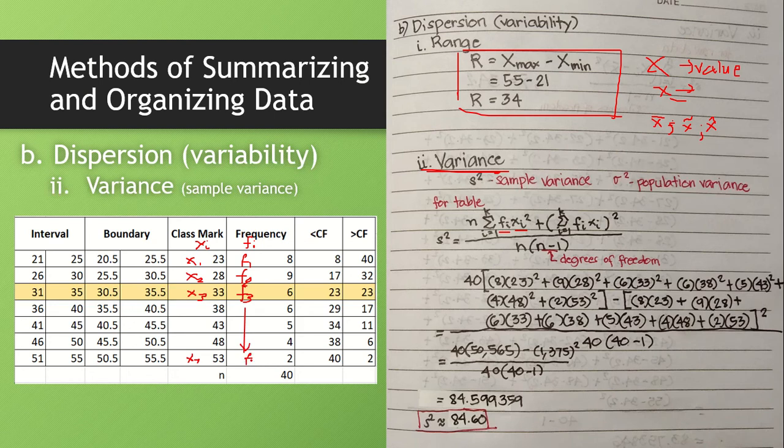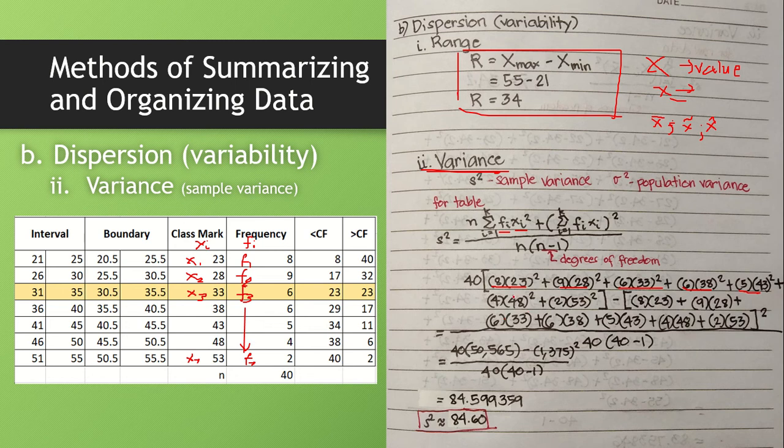f sub 7. So what we have to do is multiply 8 by the square of 23 plus 9 times the square of 28, then 6 times the square of 33 plus 5 times the square of 43 plus 4 times the square of 48 plus 2 times the square of 53.